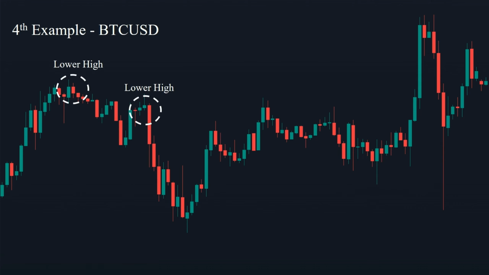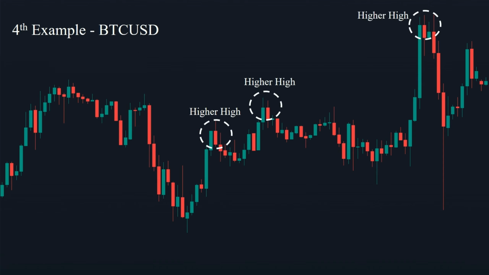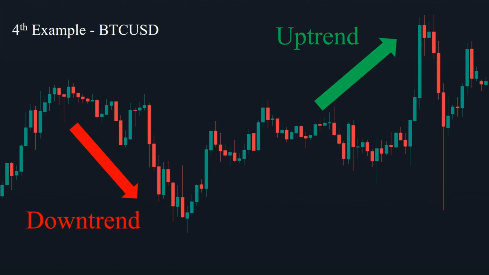Also in some areas there are lower highs, and in another area there are higher highs, which means that this chart is comprised of two different trends. At first it was a downtrend, and then it changed from a downtrend to an uptrend.